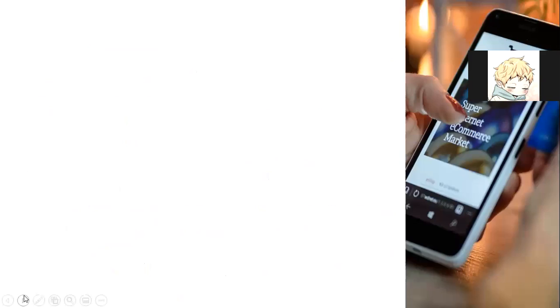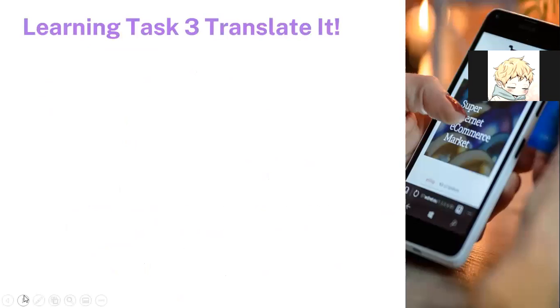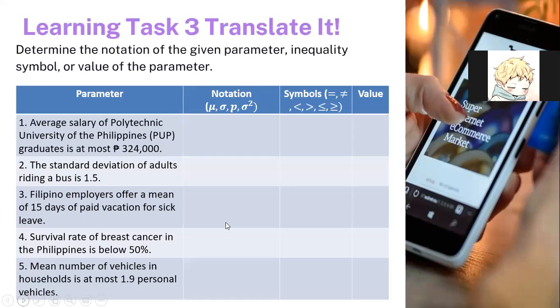Let's proceed with learning task number 3. Translate it. So ito po yun. You need to use the different notations and then you have to find the value of that. And then what symbol to be used based on the parameters given and then kung ano yung value. Notation lang.